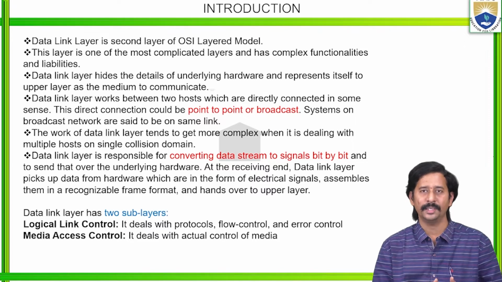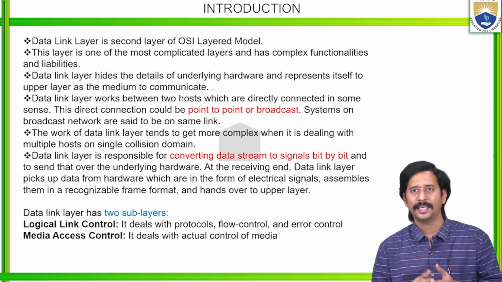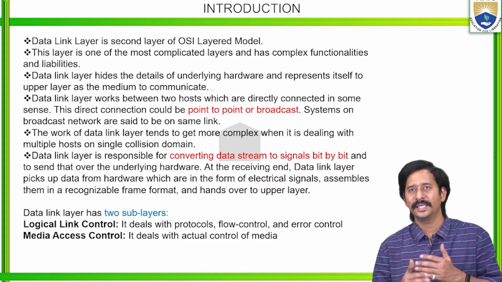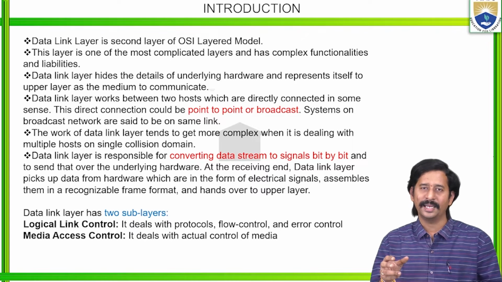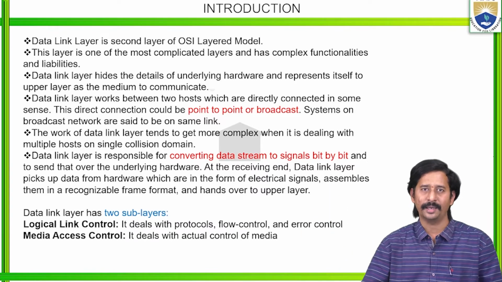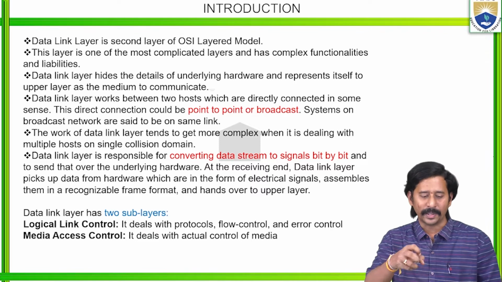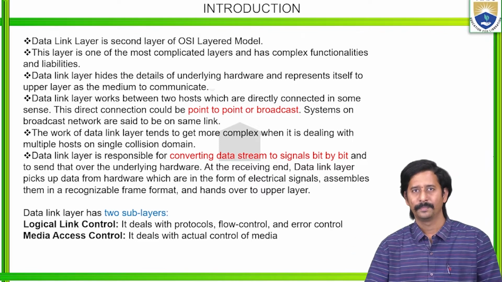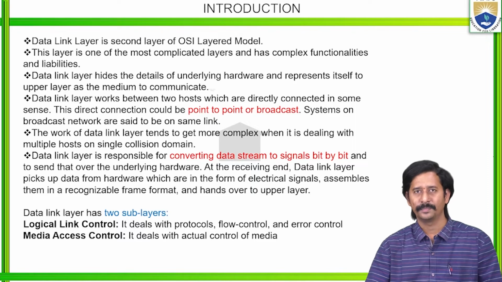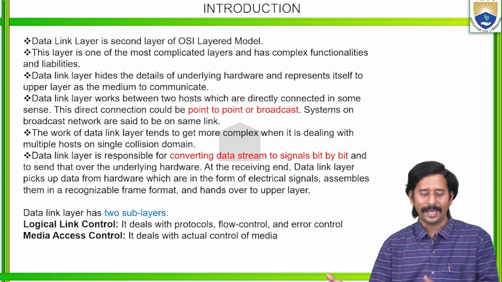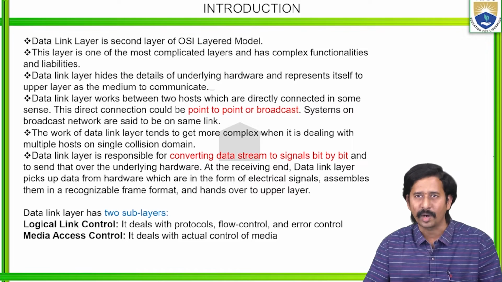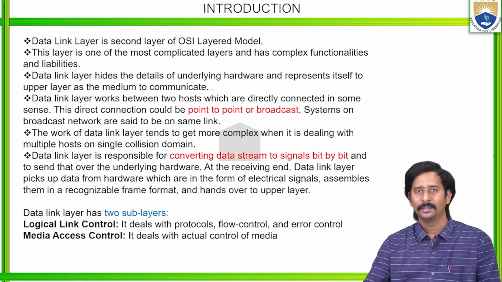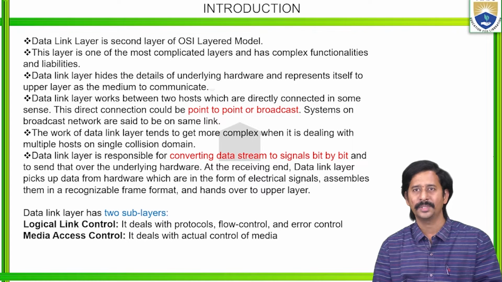Similarly, at the receiver end, that is at the destination end, the data link layer picks up that data from the hardware, which may be in the form of electrical signals, and assembles those electrical signals or data in a recognizable frame format and provides those frames to the upper layer.